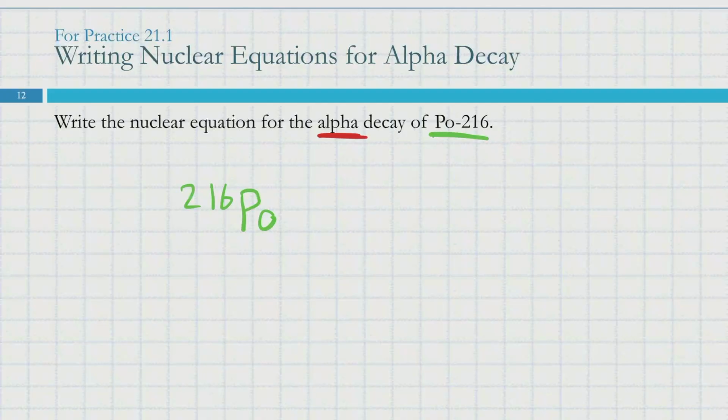So we find polonium, and its number is 84. So the lower number here is 84. And we're told that this is undergoing alpha decay. So that means it's going to go to some daughter nuclide and 4/2 He.